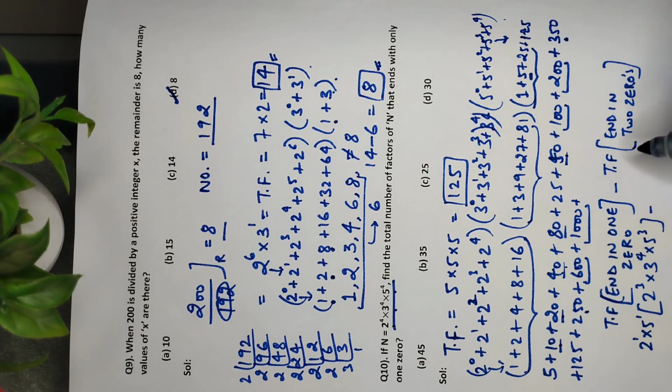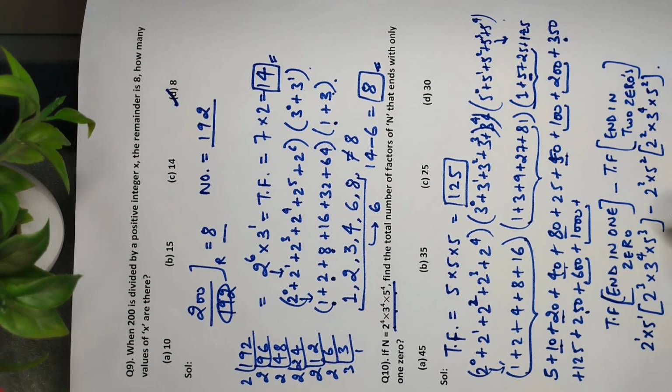Similarly, for ending in 2 zeros, it means I have to take 100 common out of it. So 2 square multiplied by 5 square, and the remaining inside will be 2 raised to the power 2 into 3 raised to the power 4 multiplied by 5 raised to the power 2.